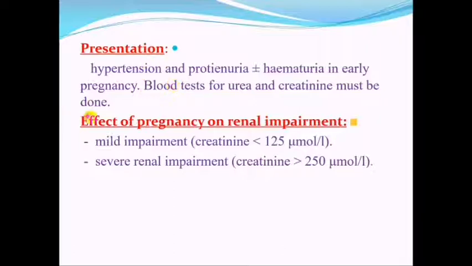To start with, we have to assess the effect of pregnancy on renal impairment, and we can divide it into mild or severe impairment. The mild impairment is when the serum creatinine is less than 125 micromole per liter.